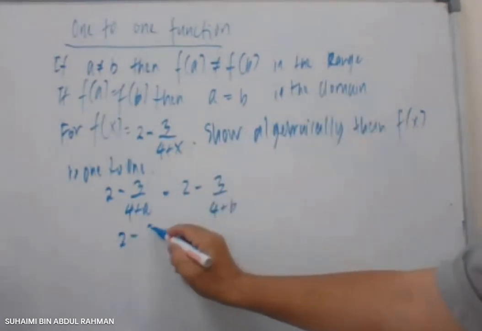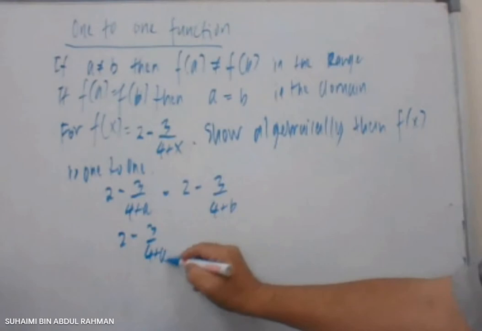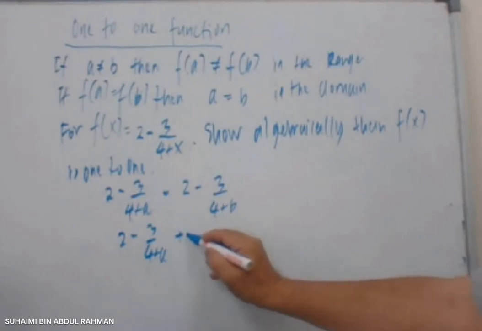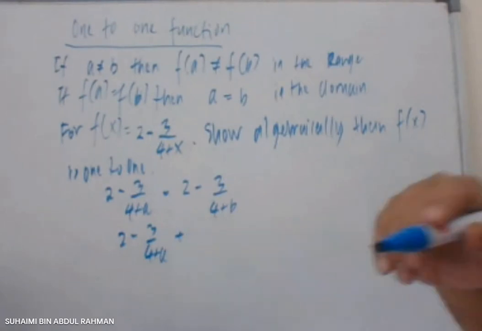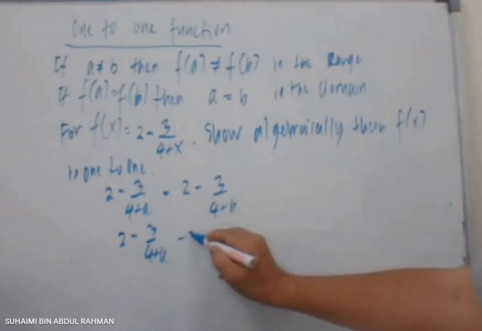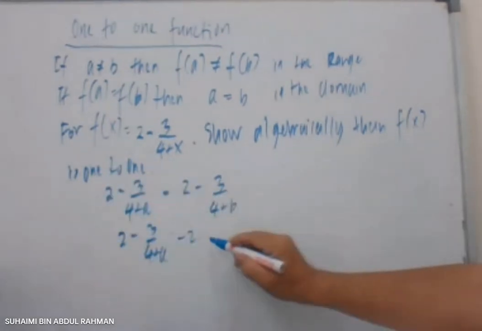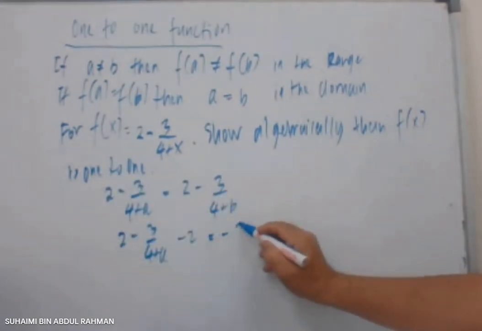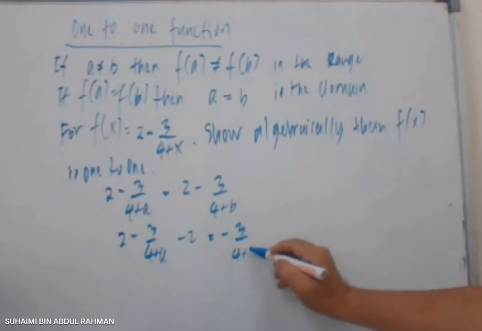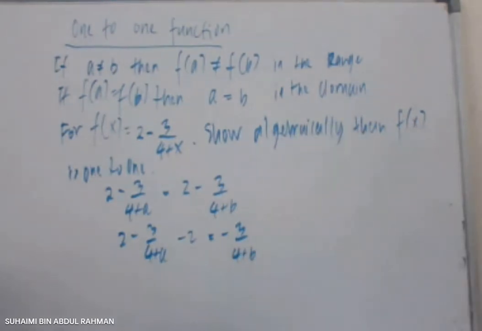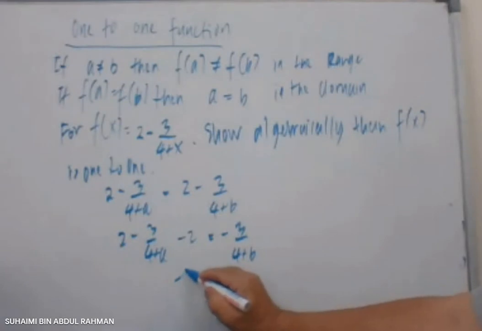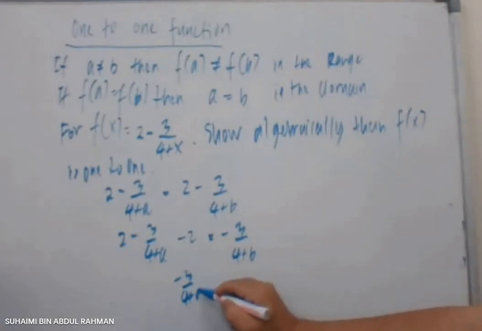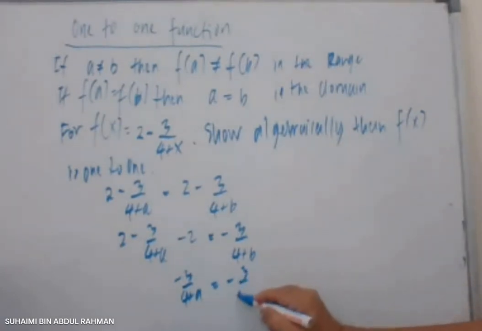We bring this 2 to the left, so minus 3 over (4 plus a) equals minus 3 over (4 plus b).